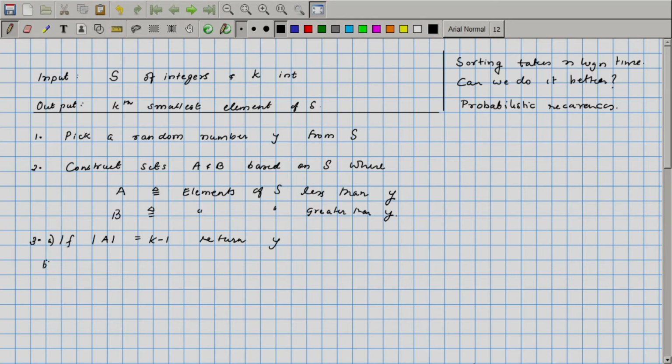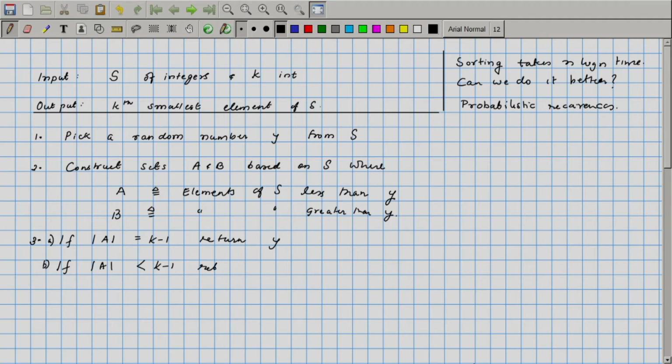The next condition would be, if size of A is less than k minus 1, that would mean that the kth smallest element is not the element that we have chosen, it is in the set of elements which are greater than y.